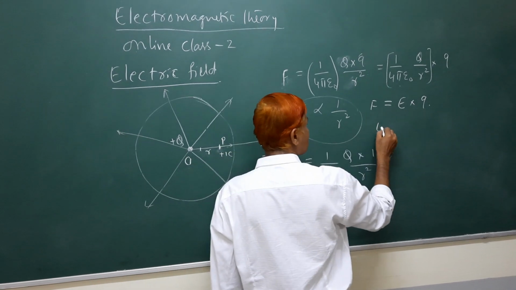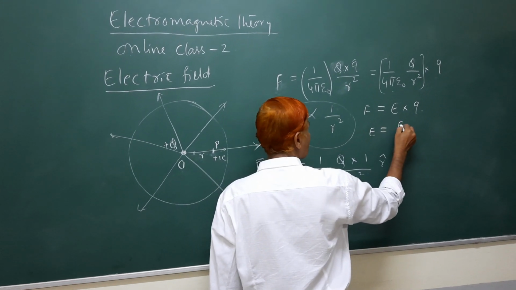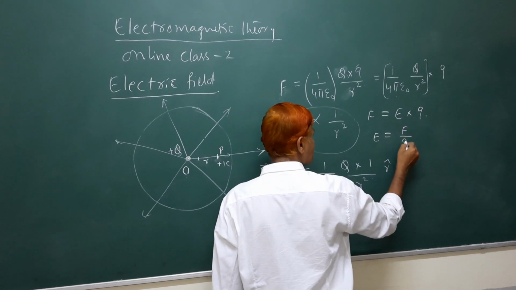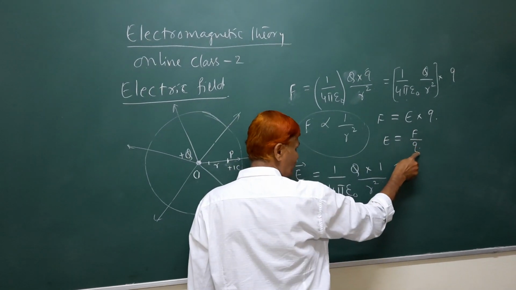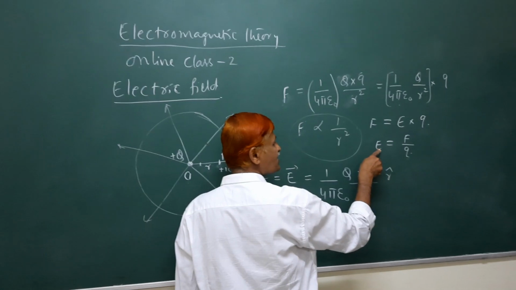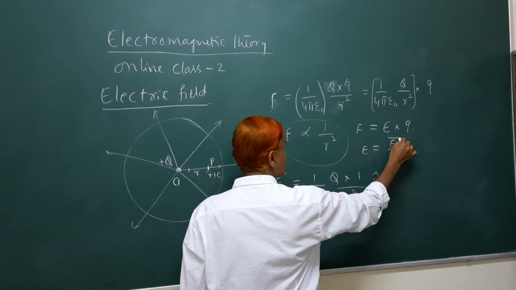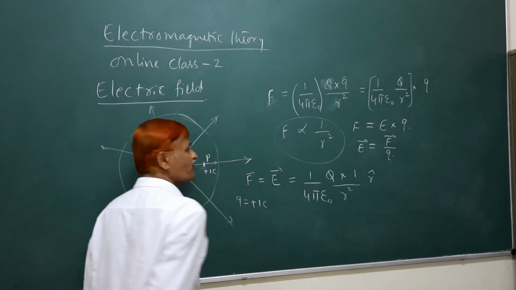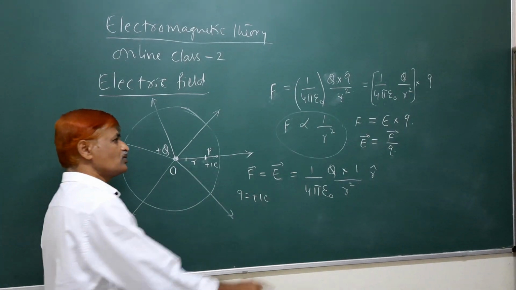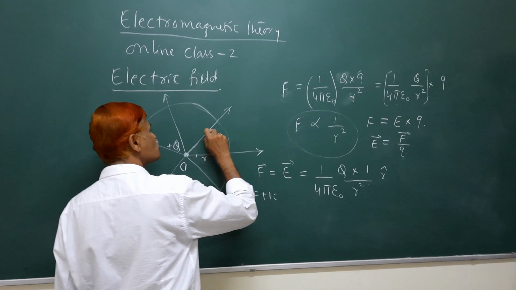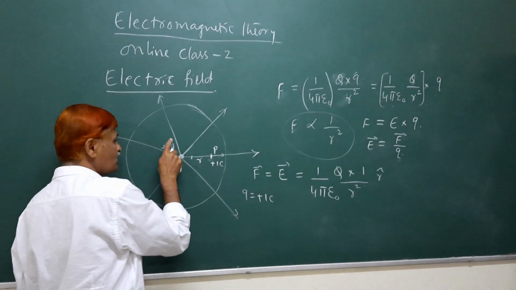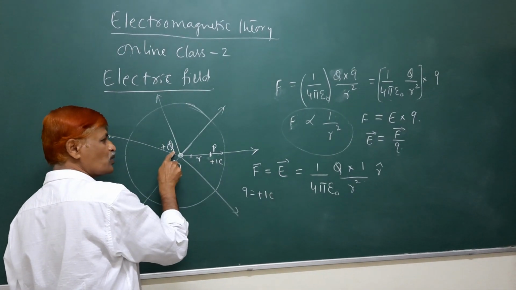Electric intensity can also be defined as the force experienced by the second charge divided by the magnitude of the second charge, which will give you E. Since force is a vector, E is also a vector. E is always radially outward, because we have taken the plus Q charge as positive.